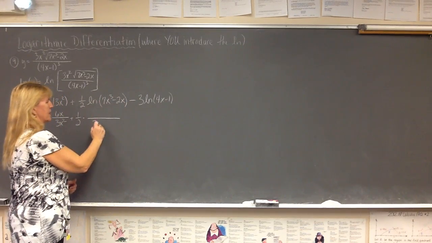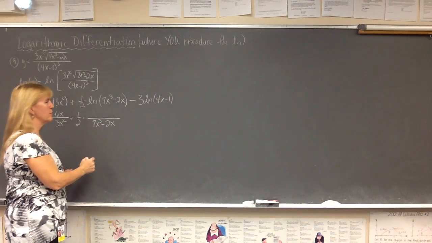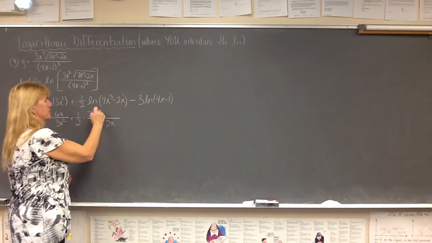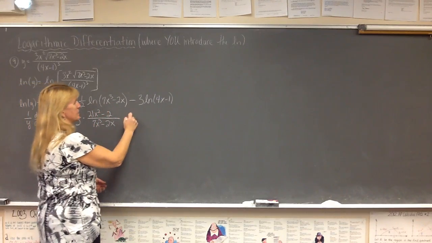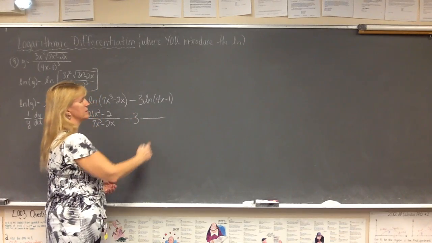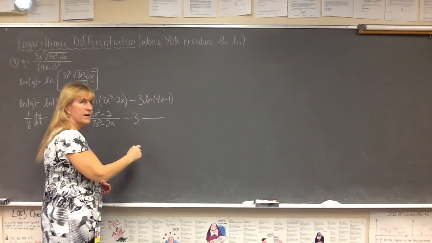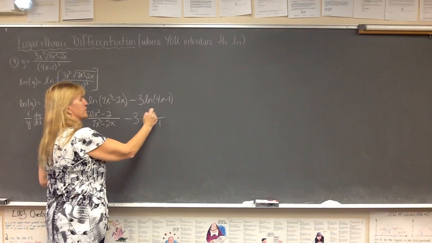This is 7x cubed minus 2x, and this derivative goes on the numerator, 21x squared minus 2, and then the minus sign is copied, the 3 is copied, and we have another fraction here. Whatever the natural log is applied to goes on the denominator, and this derivative goes on the numerator.